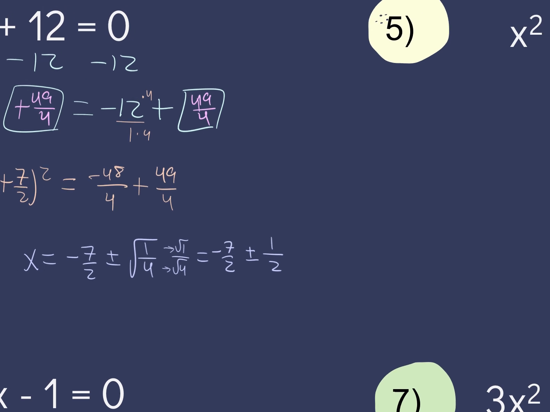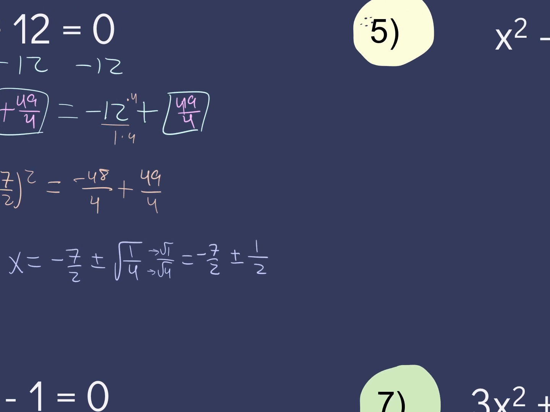Now, if you're able to simplify further, you should simplify further. So this should get you two answers: negative 7 over 2 plus 1 over 2 and negative 7 over 2 minus 1 over 2.